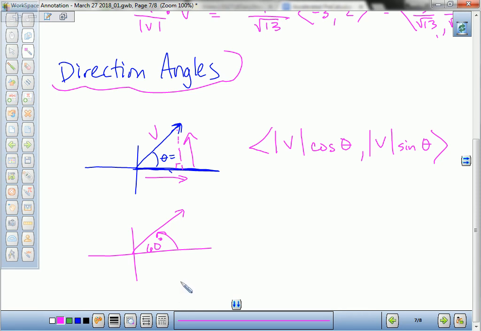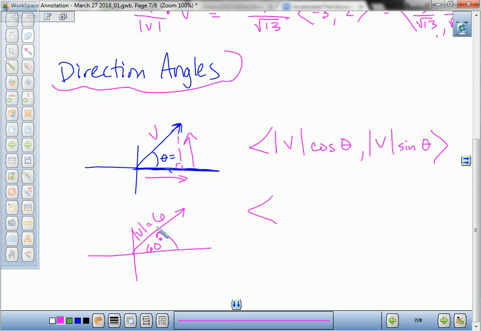Okay, so if this were our angle here, from the positive x-axis, we had 60 degrees, and this vector, v, had a magnitude of 6. Let's find the component form of this vector.